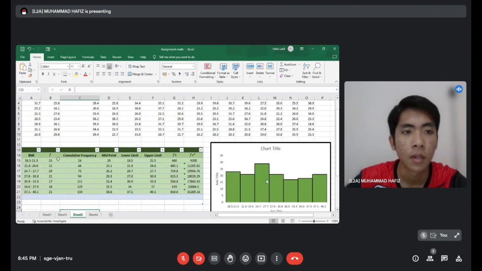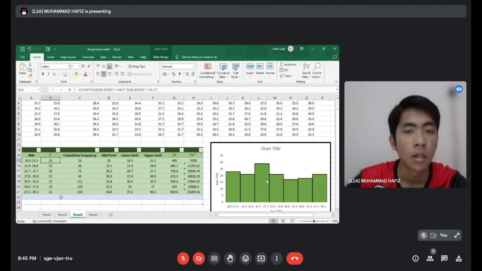After that, you have to find the frequency for each row for this BMI. The formula that we are going to use is COUNTIFS and select the 150 random data that we got earlier and just click enter. It will automatically generate all the frequency for all of this BMI for us.